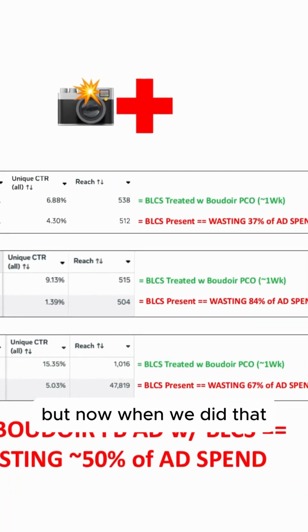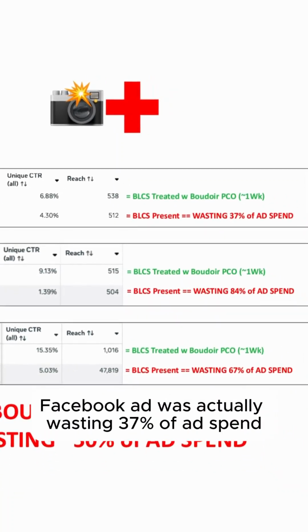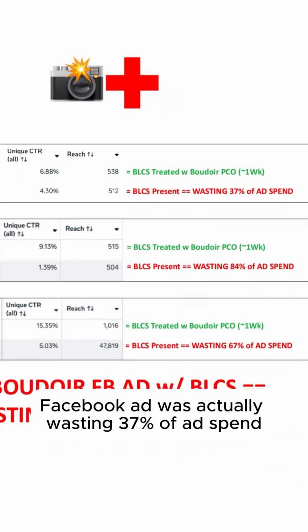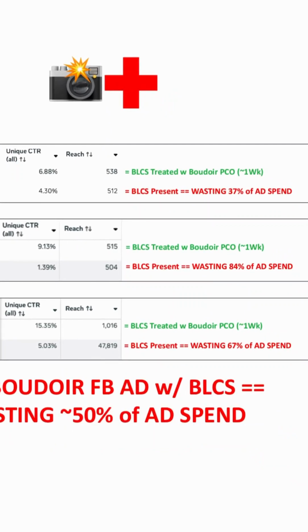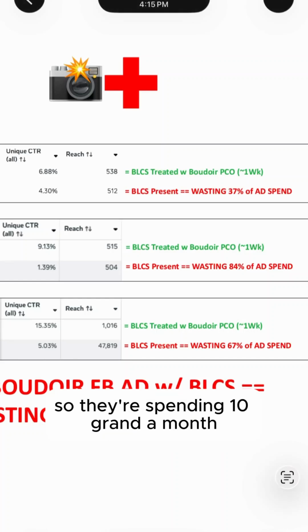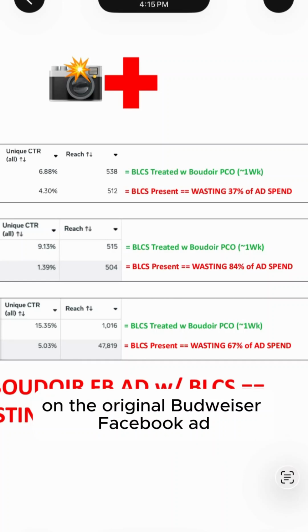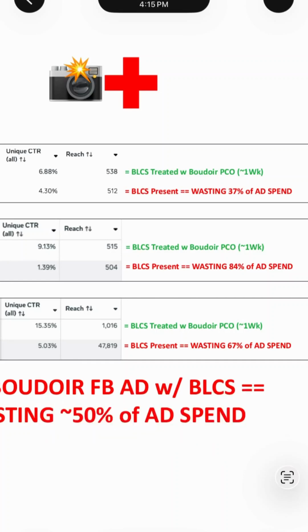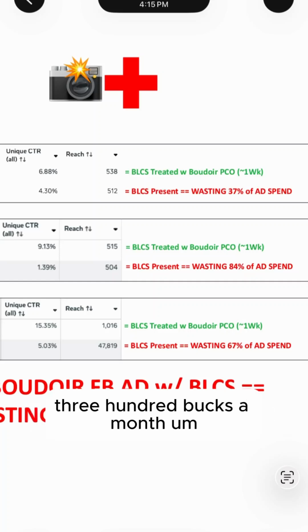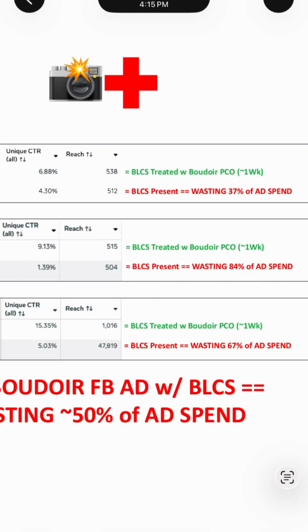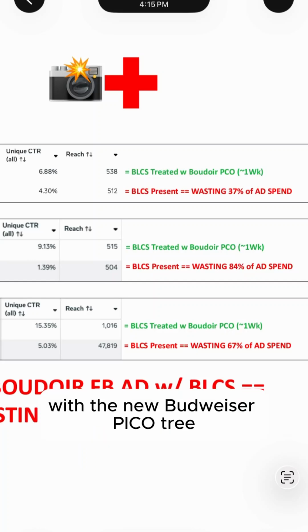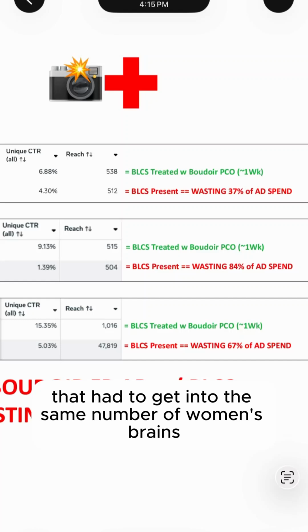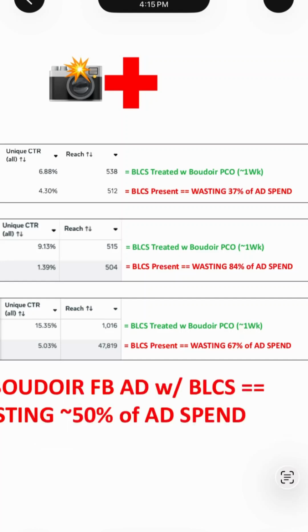But when we did that, we found out the original boudoir Facebook ad was actually wasting 37% of ad spend. So if they're spending 10 grand a month on the original boudoir Facebook ad, now they only need to spend $6,300 a month with the new boudoir Pico treated ad to get into the same number of women's brains.